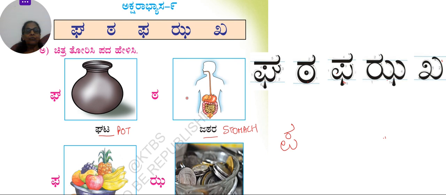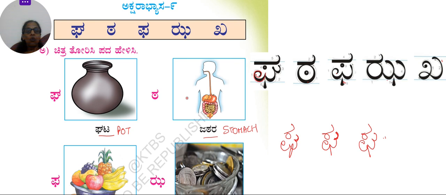So for Gha, you have to put a line down at the bottom and a small curve here, like a talekattu, not exactly a talekattu. So you write the basic Pa, then put a line down and then put a small curve here, which is somewhat similar to writing a talekattu, but it's not exactly a talekattu. So I will explain here with the arrows.